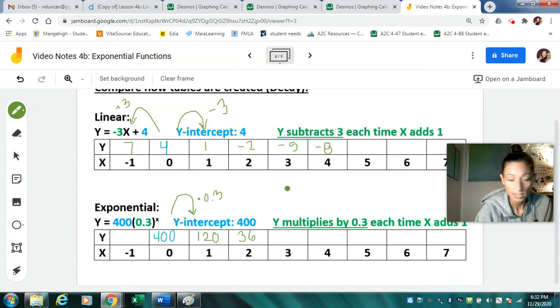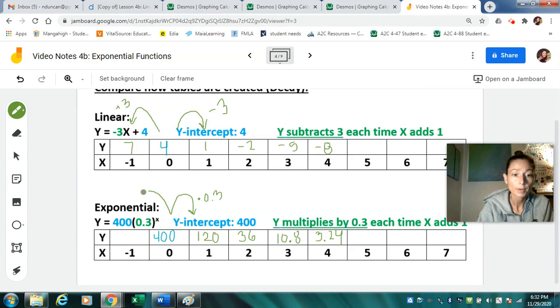See how quickly those decreased? Times 0.3 is 10.8. Times 0.3 is 3.24. Okay, so I'm multiplying by 0.3 every time.